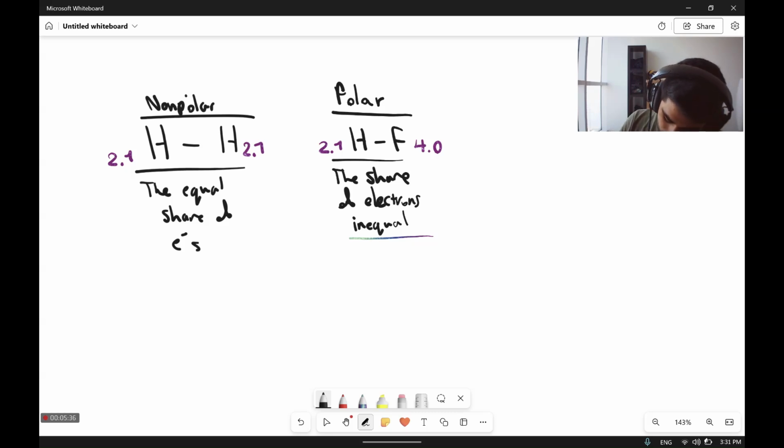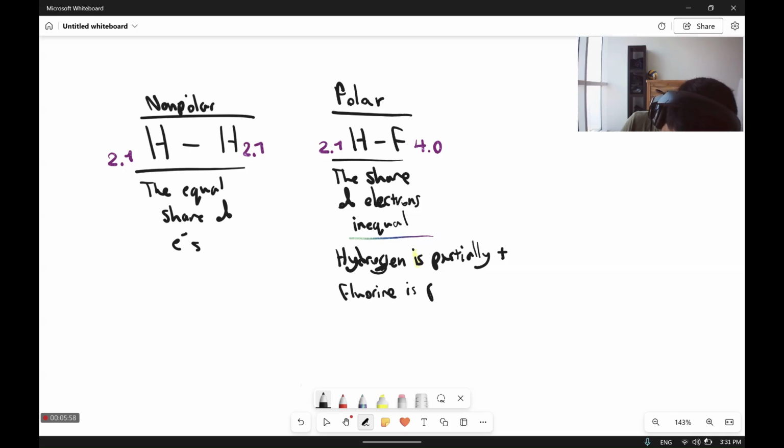That's why here we'll have H, hydrogen, partially positive and fluorine partially negative. When the electronegativity of one of the atoms is very high, the electrons are going to spend more time with that atom because it wants to attract them more.